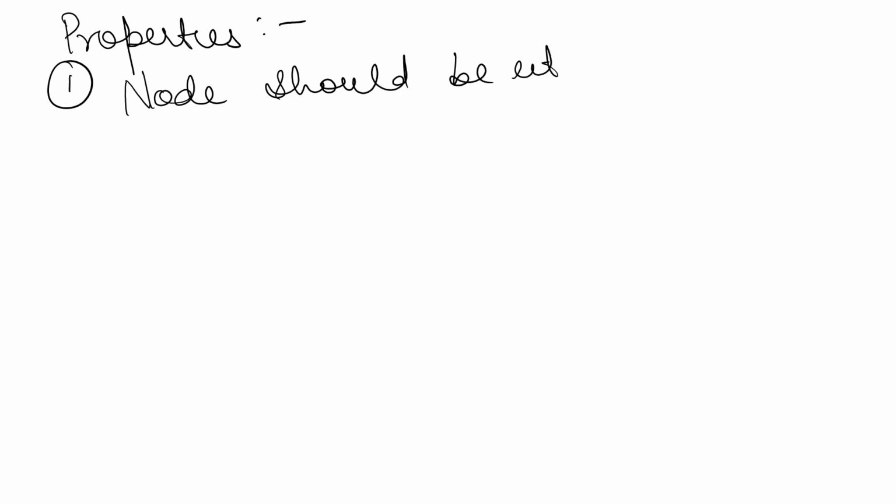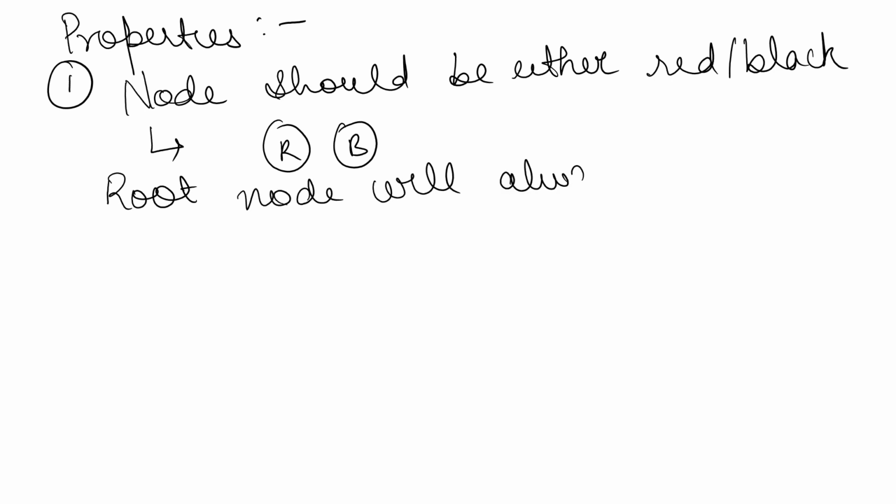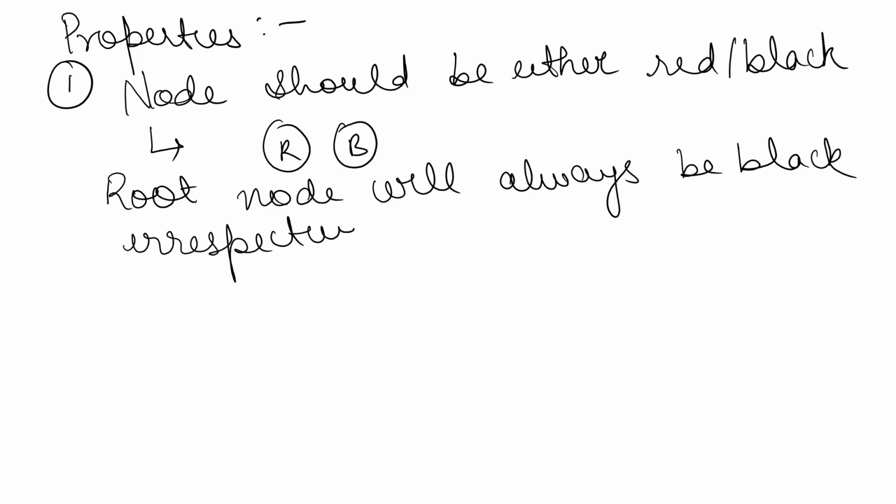This is obvious as we can see from the name of the topic, but still, either it will be red or it will be black. And your root node will always be black, irrespective of recoloring.